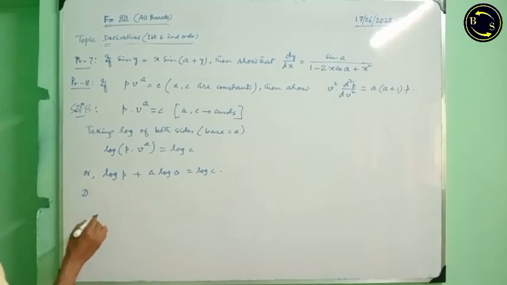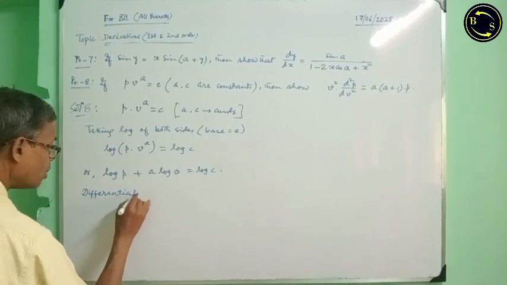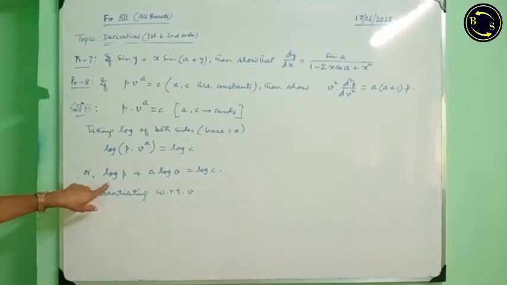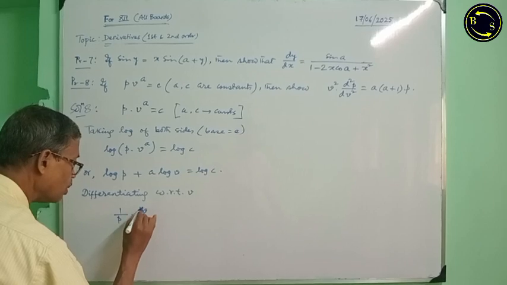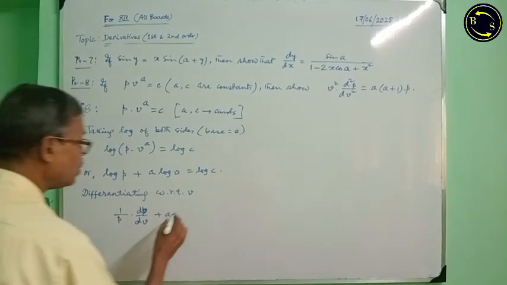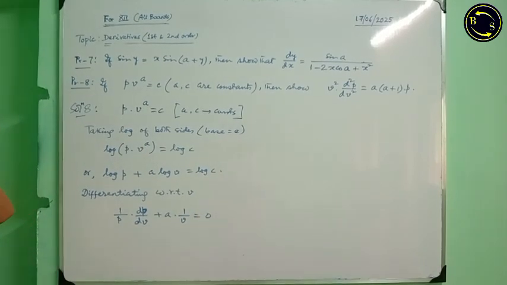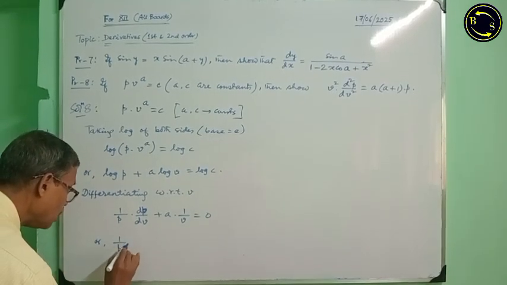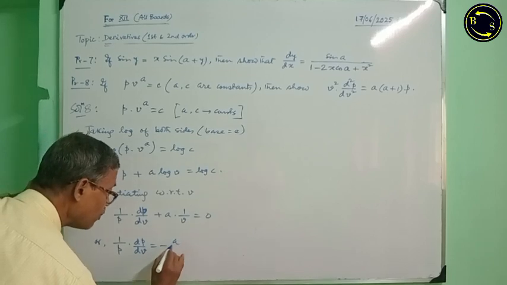Now we differentiate with respect to v. With respect to v, log p, function of p, chain rule, 1 by p into dp/dv, plus a log v, derivative of log v with respect to v is 1 by v, is equal to 0, or 1 by p dp/dv is equal to minus a by v.